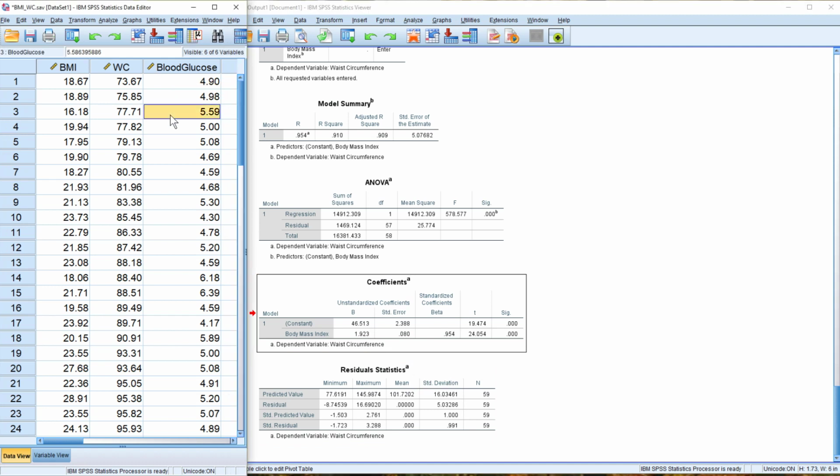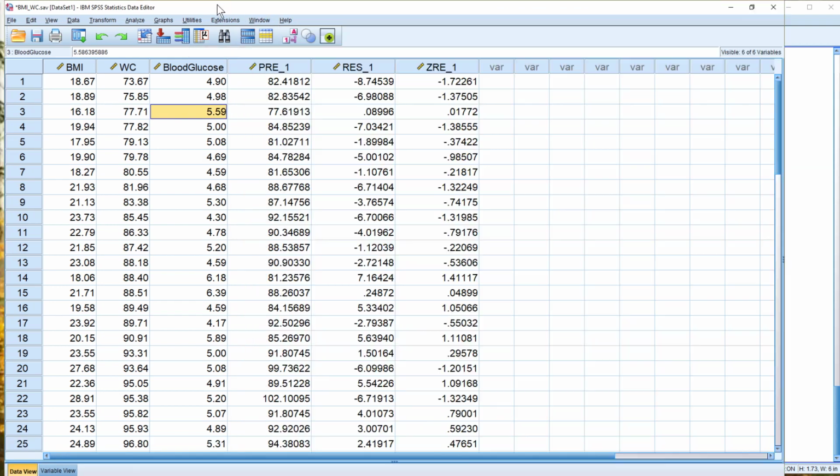Now, if we have a look at our data, I did ask it to save the predicted values, the residuals, and the standardized residuals. Here the waist circumference for this person was 73, but based on the equation for BMI, they would have been predicted to have a waist circumference of 82.